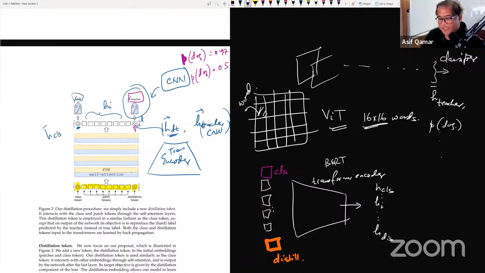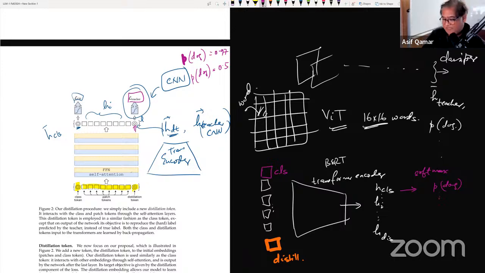Now, how do you train a typical DeiT, for example? You would feed only the CLS state into a softmax that would produce the probability of a dog, probability of whatever it is, and the max means you pick the highest probability object and say it is that.